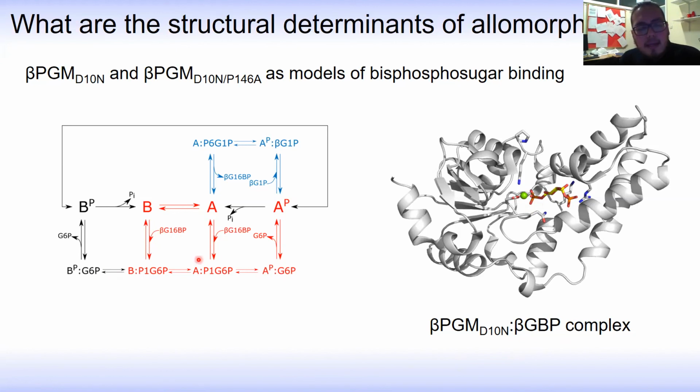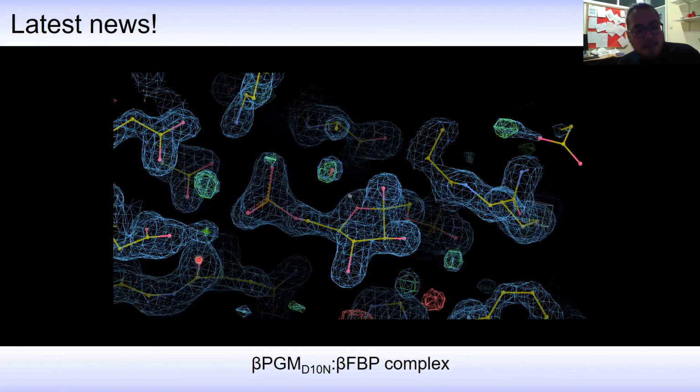And in the latest news, don't tell my supervisor, he still doesn't know, I successfully crystallized a D10N FBP complex, with a very, very neat fructose bisphosphate in the active site. You can see this hydroxyl right here, which is particular for the sugar, it's not in glucose bisphosphate.